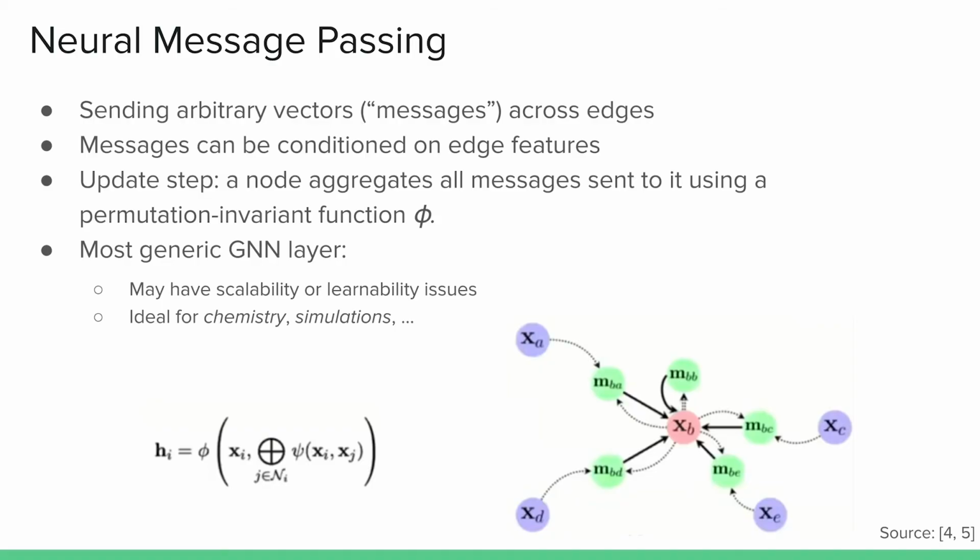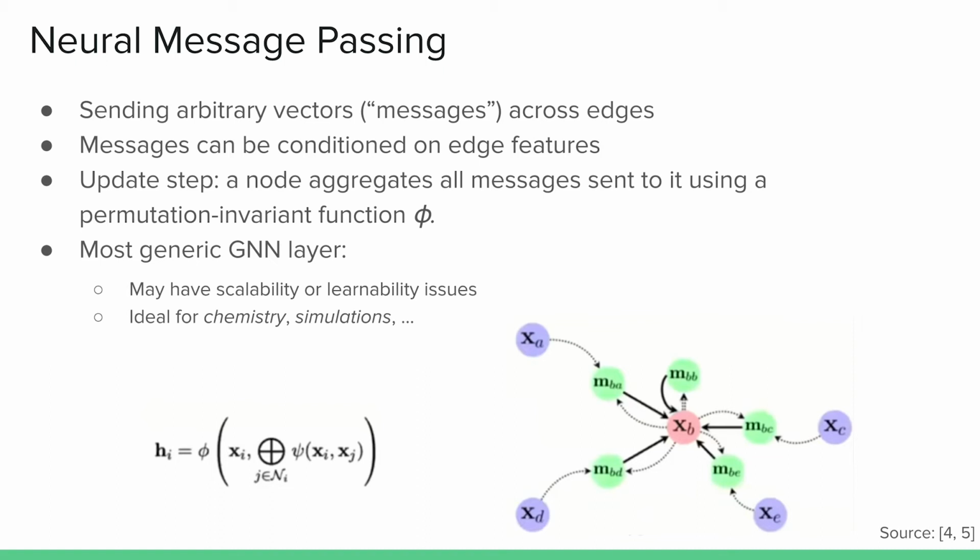What we're doing here is that instead of just multiplying with the features of our neighbors or with some weighted features, we're actually constructing messages that are being passed from one node to another. And these messages can then be conditioned on our edge features to incorporate this information. An update step would now look like the following.